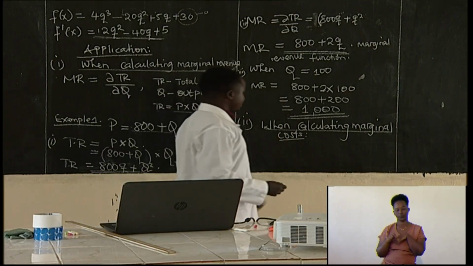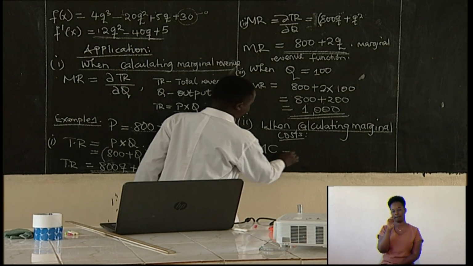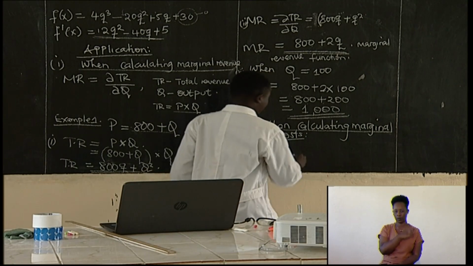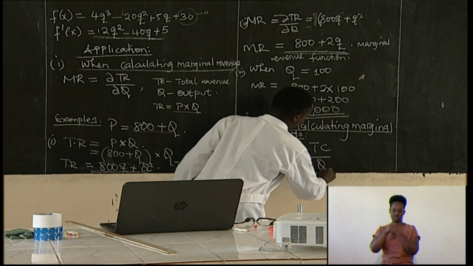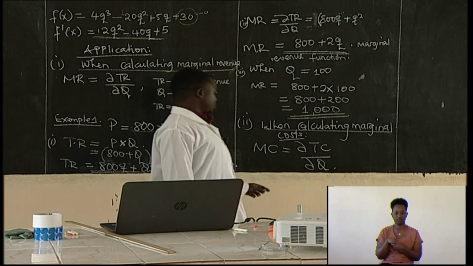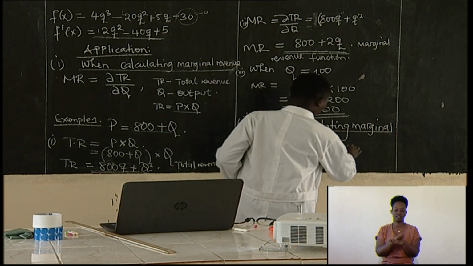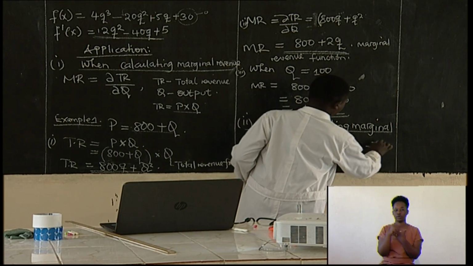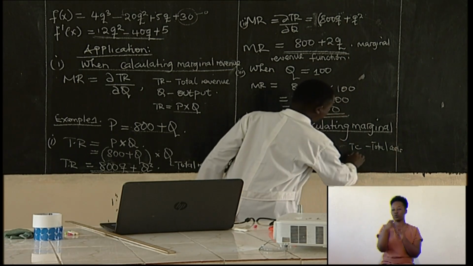So how do we calculate this? We calculate marginal cost by having a change in total cost divided by a change in output. Remember, learners, TC is total cost. And how do you get total cost?